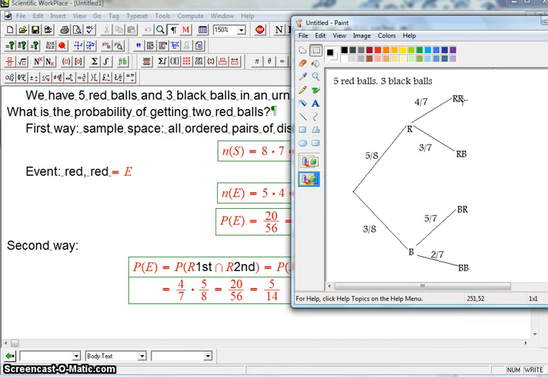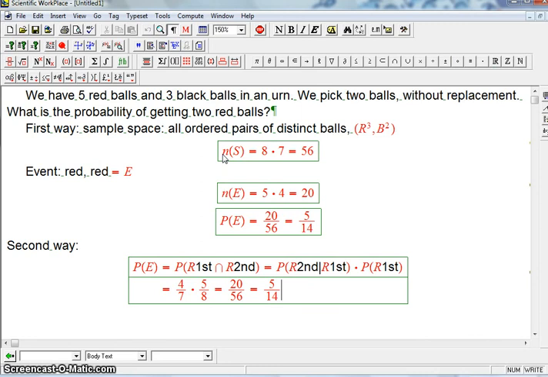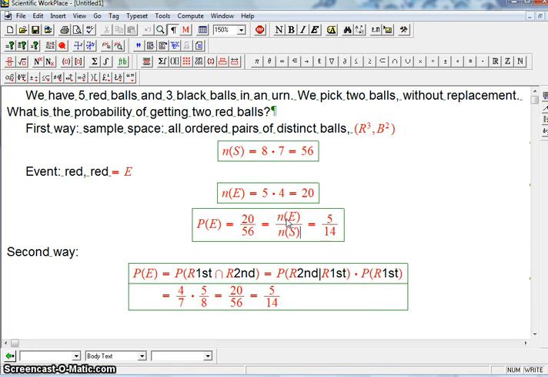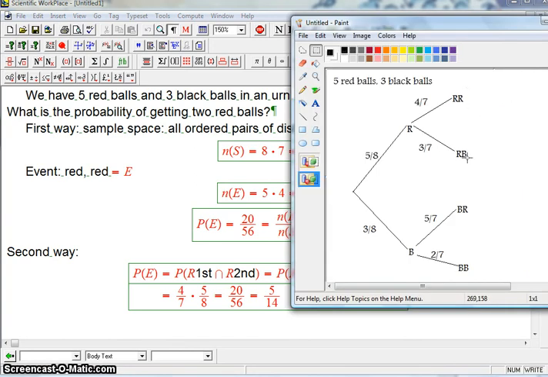Sample space, we only think of a sample space as something where the probabilities are equal, so that we can use this fundamental principle of taking the number of an event over the number in the sample space. That worked.